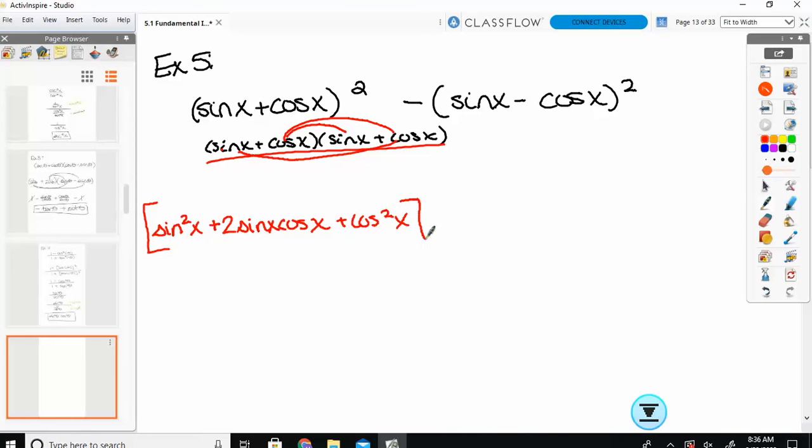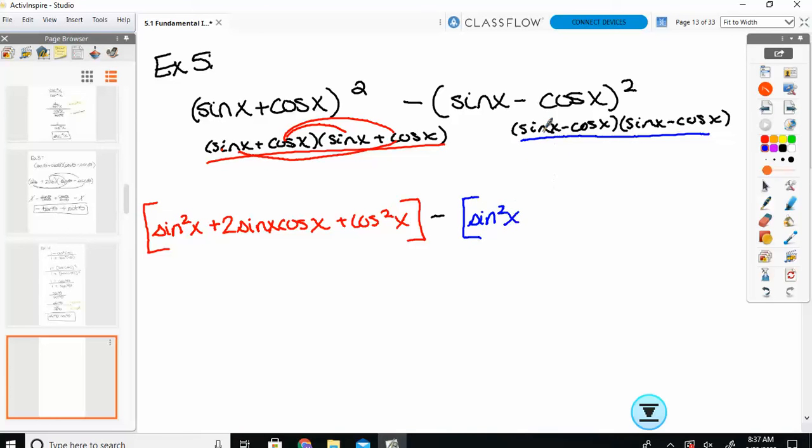And cosine times cosine is cosine squared x. We have to do the same thing with the second. So we have to FOIL those.